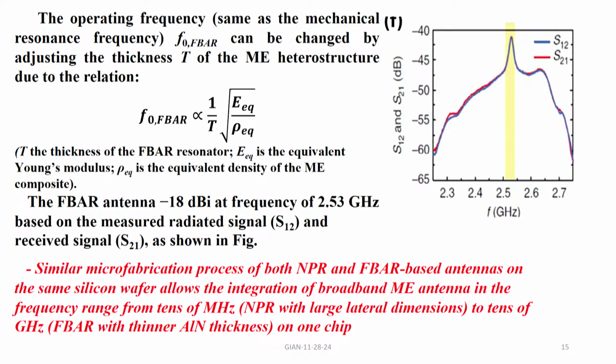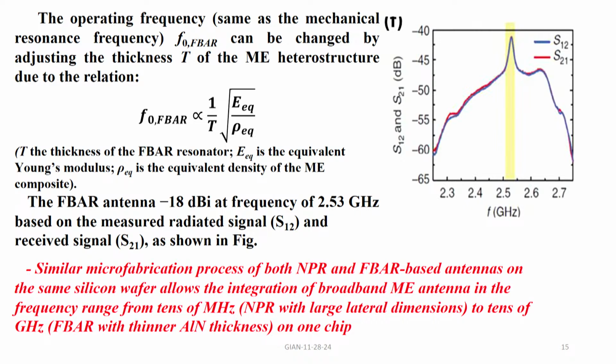Okay, these are some equations, just ignore it. So, the key is depending on the frequency, you can choose the lateral mode or the radial mode in a composite to put together antennas in hundreds of megahertz.